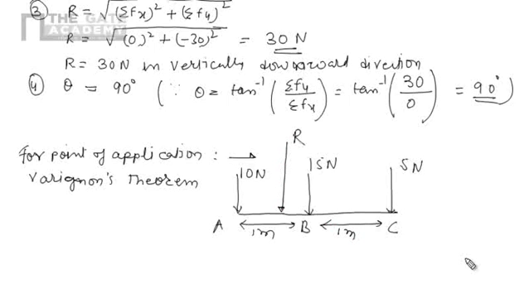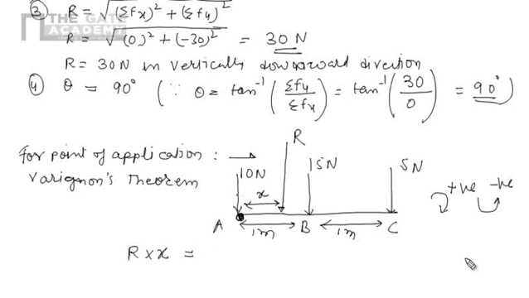This is our R. And suppose the distance from A is x. So according to Varignon, the moment of the resultant force about A, with R and perpendicular distance x, is Rx, and the direction is clockwise. So our convention is clockwise positive, anticlockwise negative.